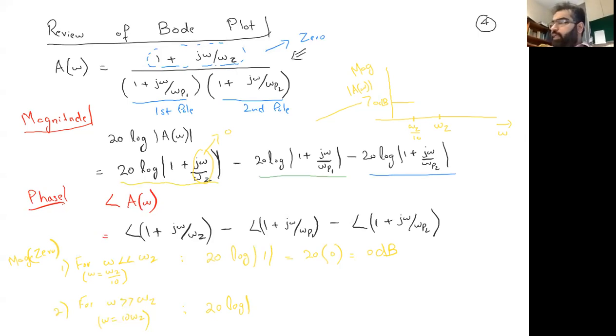Ultimately, I am writing 20 log of A of omega, which is equal to 20 log of, if I just ignore the one, because the one is going to be ignored in terms of magnitude, we will be left with something like this.